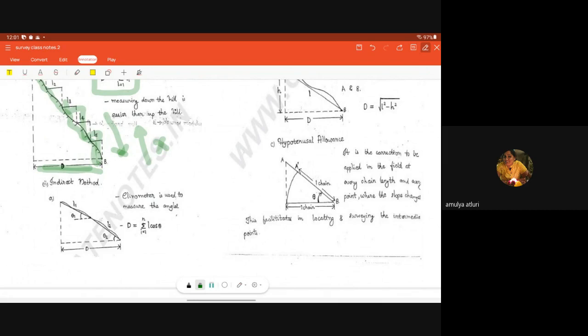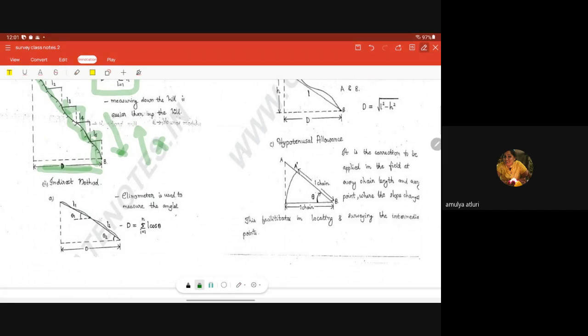But sometimes this is not feasible, because of heavy undulations or heavy slopes. Then we need to consider the slope also for the calculation of length. Okay. So here, the second case, this is the indirect method, and a clinometer is used to measure the angle.